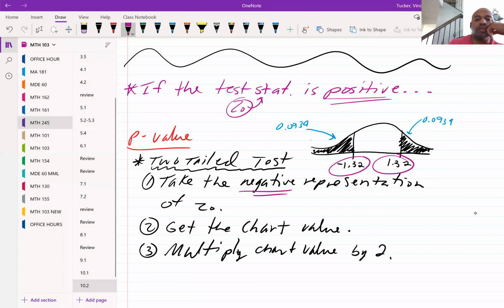And this is only for two-tailed. Notice it says two-tailed down here. So those 2 conditions: test statistic positive, and you're doing two-tailed. Two-tailed is the only test where you can multiply it by 2 because it's the only one that has 2 tails.